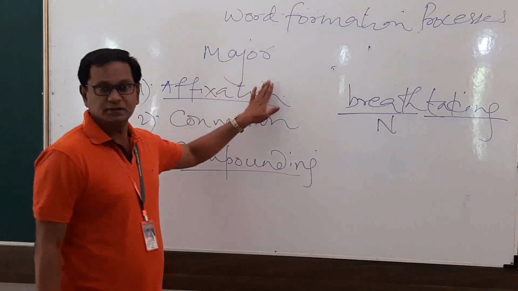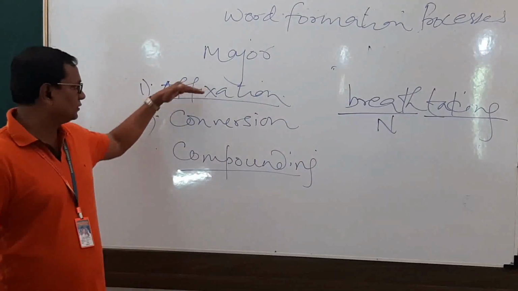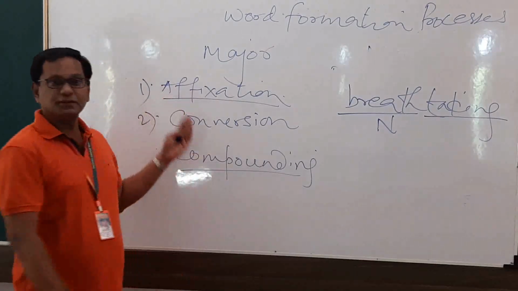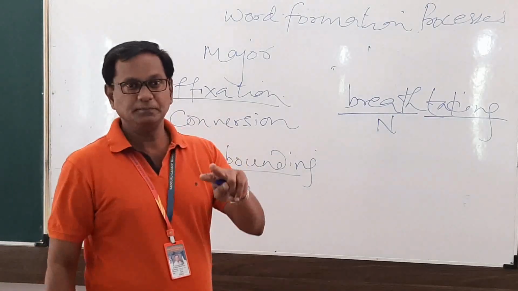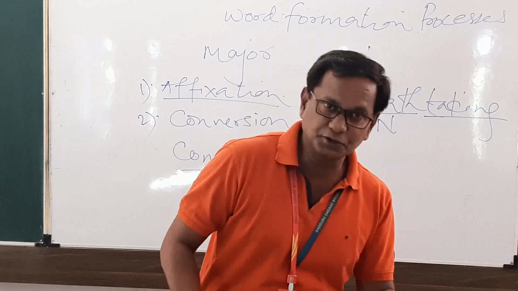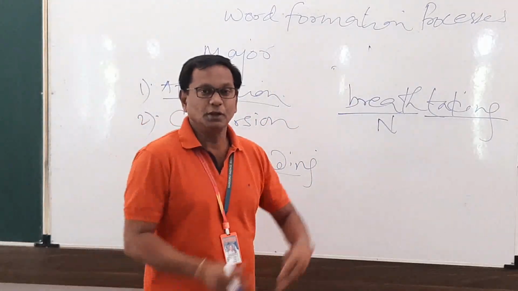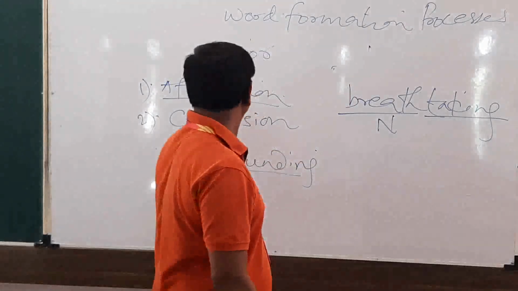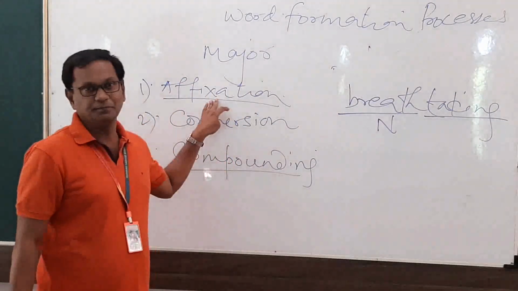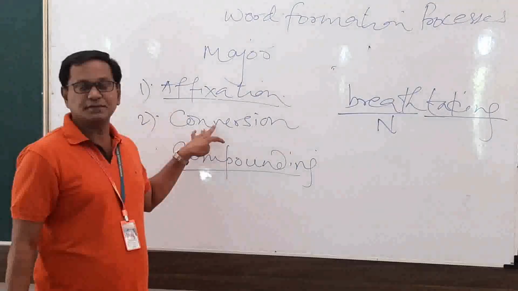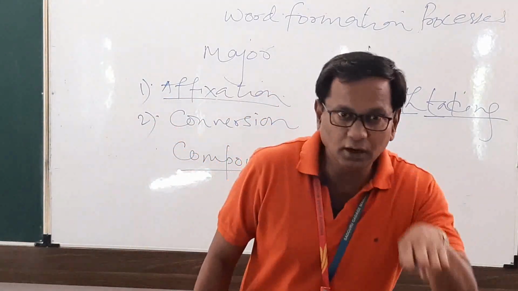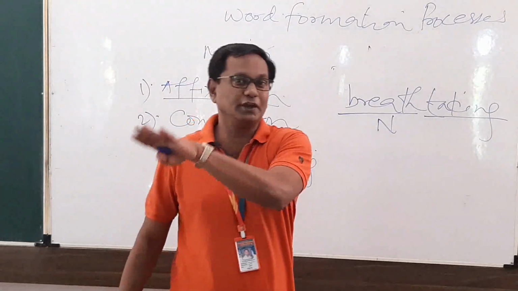So the major processes are affixation, conversion and compounding. In affixation, there are two processes, prefixation and suffixation. In conversion, we understand that without the application of affixes, the word or the base undergoes a change in word class.